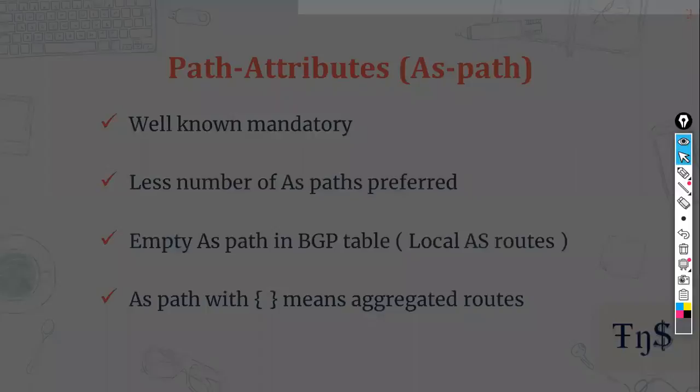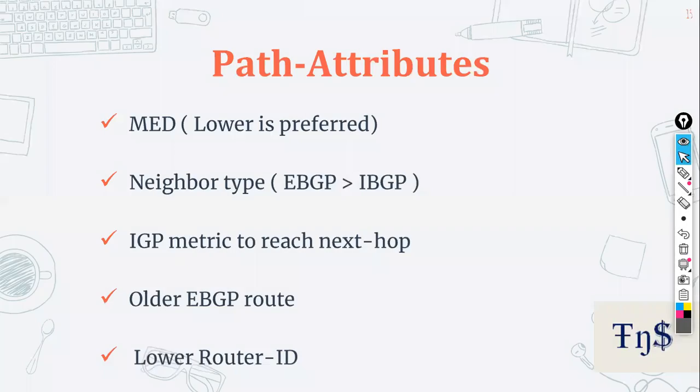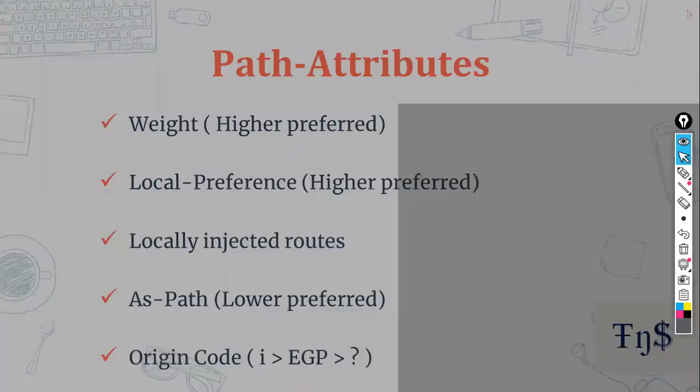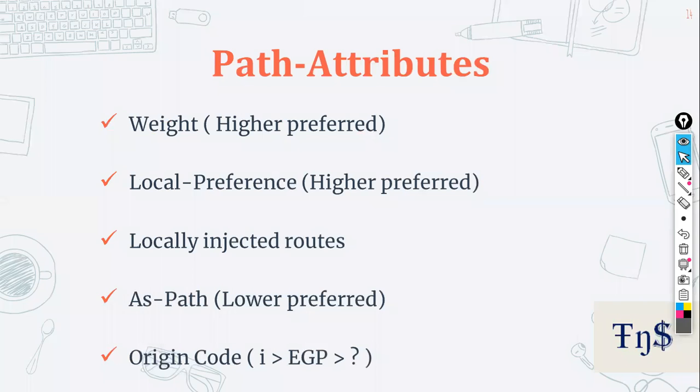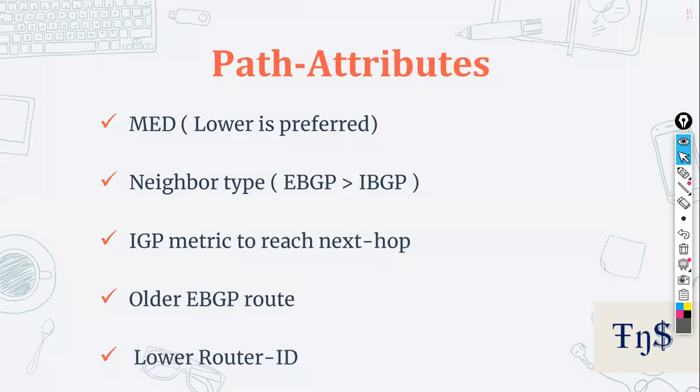When a router gets the same information from two neighbors, it is going to check these path attributes one by one. The very first thing it checks is the weight, then local preference, then locally injected route, AS path. Then it is going to check the origin code for those two routes, then MED, then neighbor type, then the IBGP metric to reach the next hop. So it is going to match one by one.